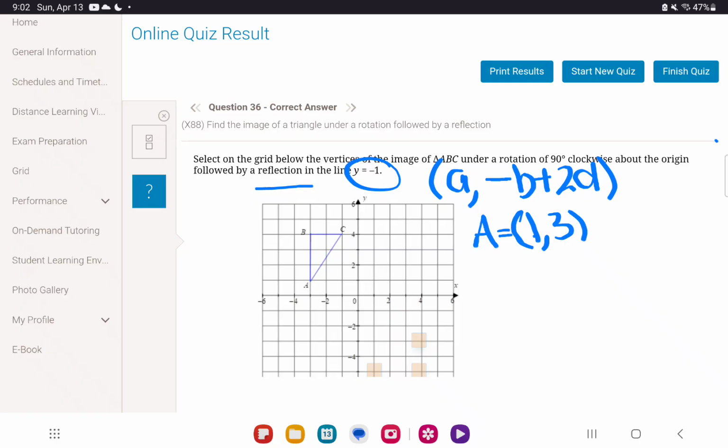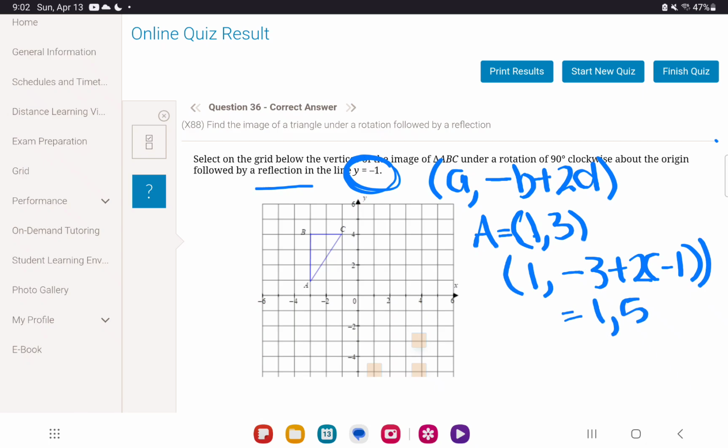So 1 stays the same, and then y is 3, minus 3 plus 2 times the line of y, which is -1. We do it on our calculator. All of this, you get 1 and 5. So that's your coordinate for A. So you go to 1 and 5 and you plot it. Now you know how to find it. I'm pretty sure.